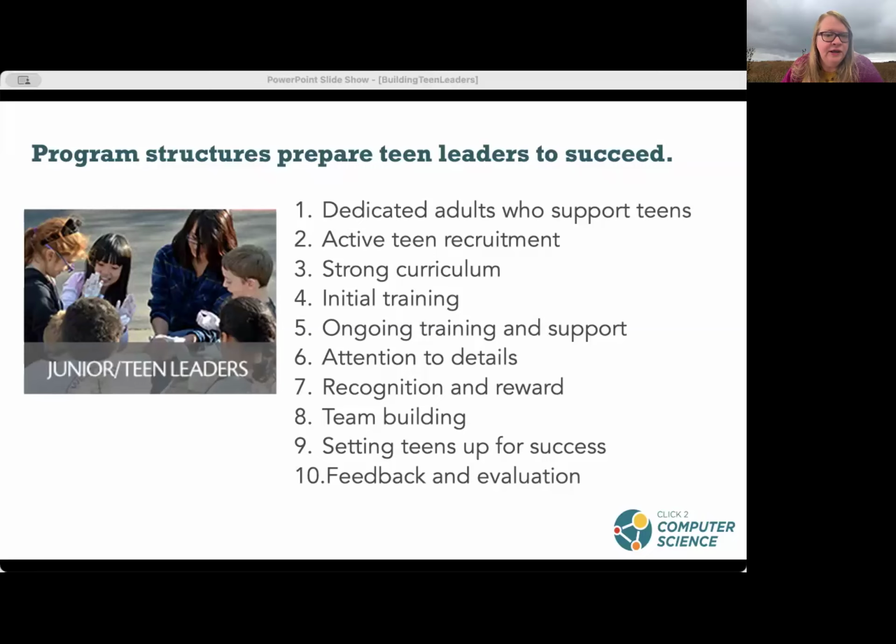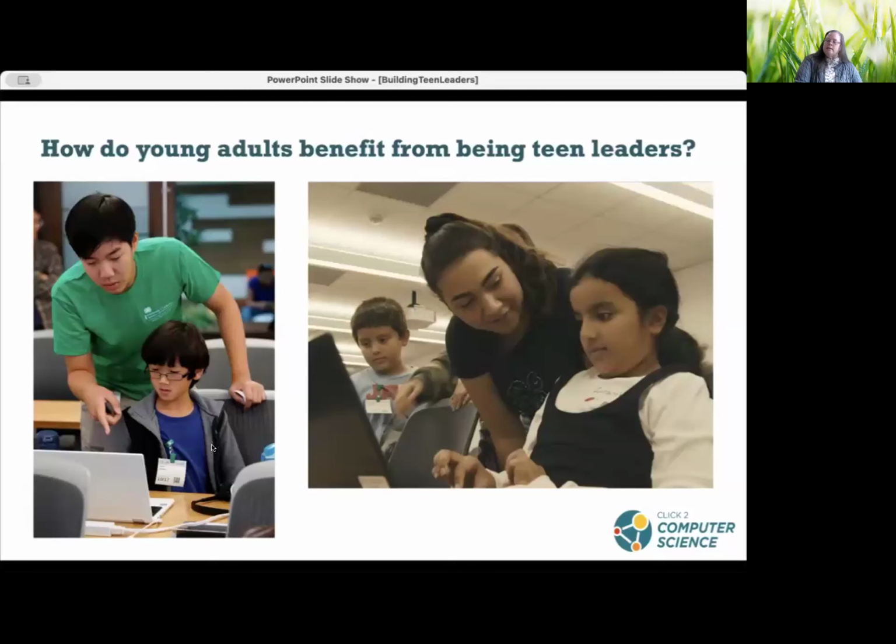And I shared the link in chat to this research article if you want to see more about it, by Fay Lee and Shelley Murdoch from California 4-H. Yes, and it doesn't look like there are any questions, so let's move on to the benefits then.